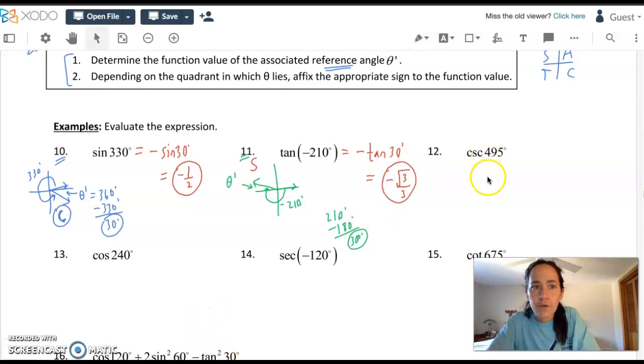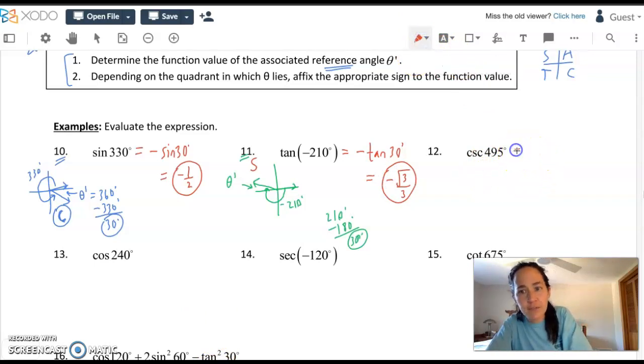Number 12, as soon as I see cosecant of a value that's above 360, I'm going to find something coterminal that's lower than 495 by subtracting 360 from this value. So let's find the cosecant of 495 minus 360, which is 135. Now we can start the problem. We notice 135 is in quadrant 2, right? AS.